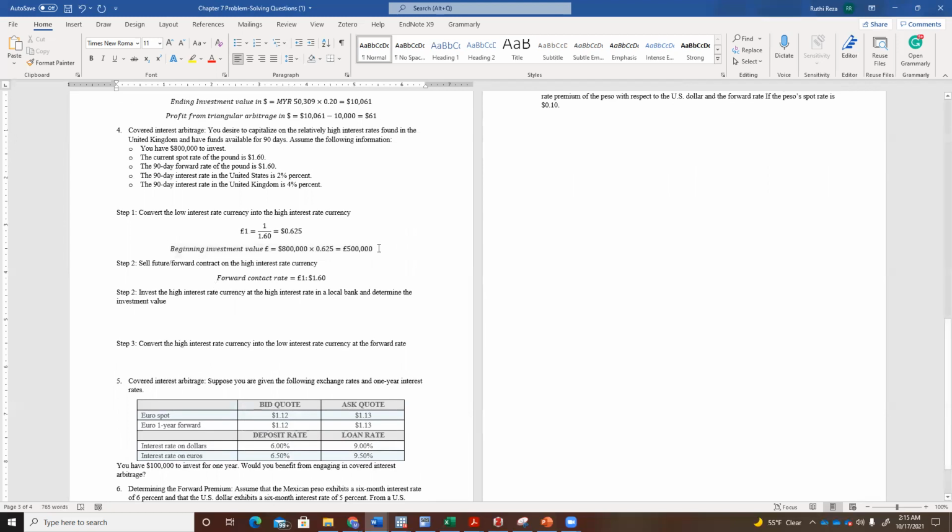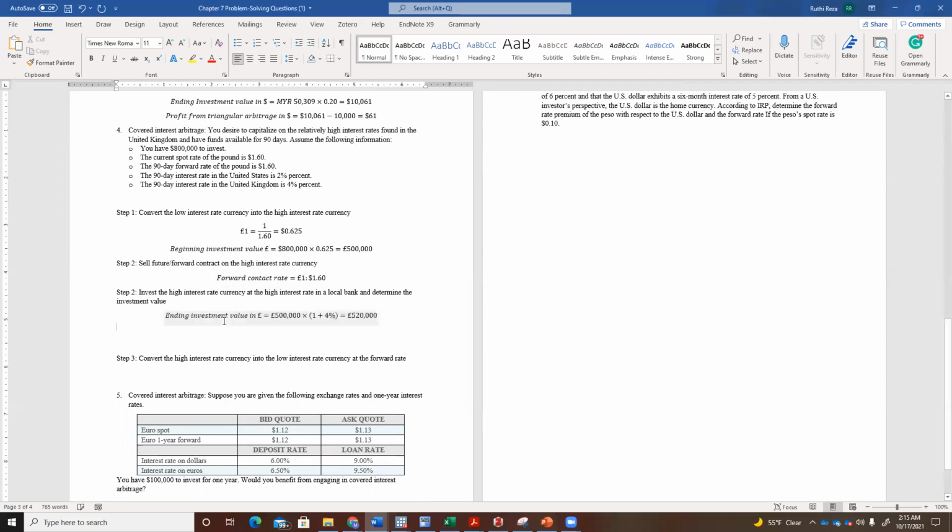So now we have our pound and we are going to invest it at 4% interest rate in the United Kingdom. Now, based on that, let us see how much profit we make. So our investment value is $520,000.